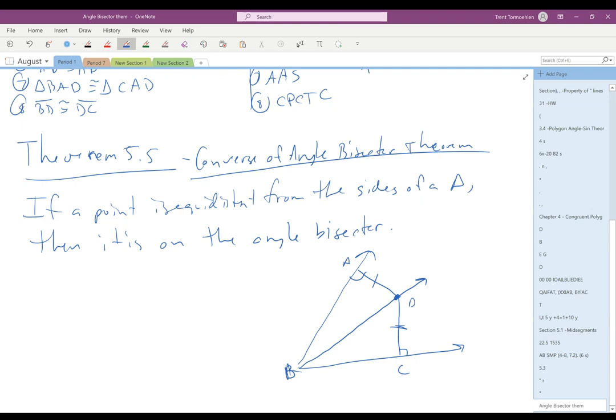So we need to show that BD is an angle bisector. To do that, we would show that these are right angles, because that's how you measure the distance from a point to a line. This is a leg, which we know is congruent. BD being congruent to itself is a hypotenuse. So by hypotenuse leg, I know that these two triangles are congruent, which would then be enough to show that those two angles are congruent to each other by CPCTC, which is then enough to show that BD bisects angle ABC.